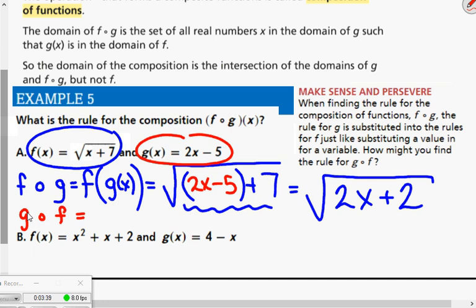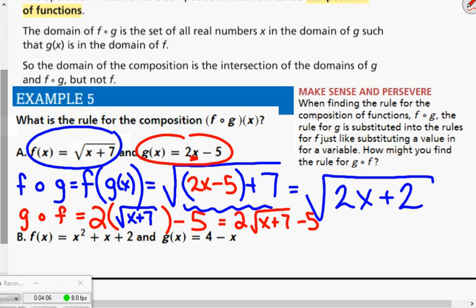Would this be different if the outer machine was taking 2 times x minus 5, and then on the inside, built in, you were taking the square root of x plus 7? Yes, I think our results would vary between the two based on the order of operations. This is 2 root x plus 7 minus 5. So G of F is not the same as F of G. Okay? Let's actually write all that over here.